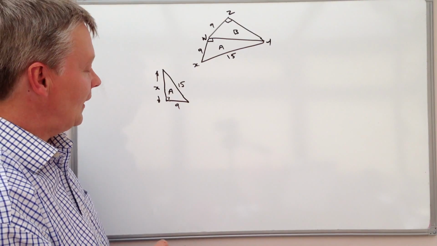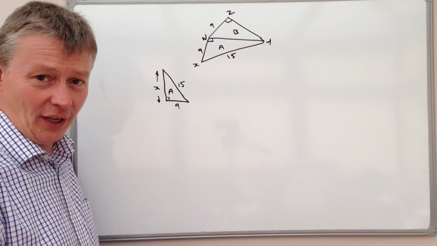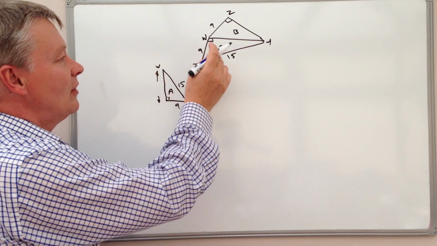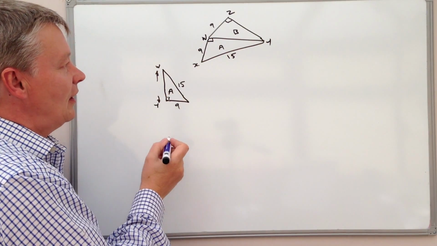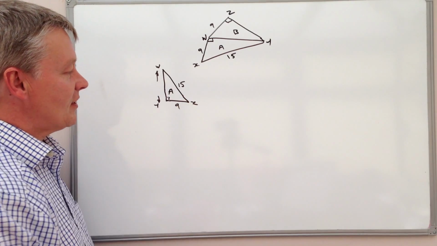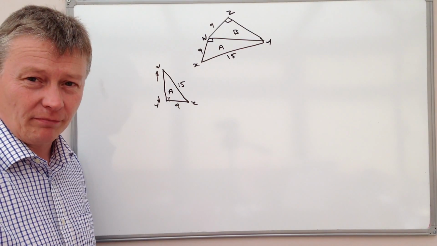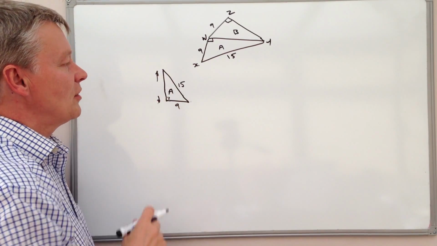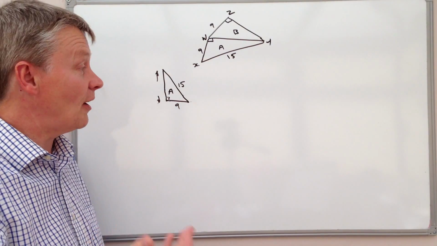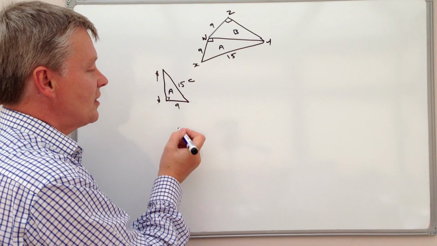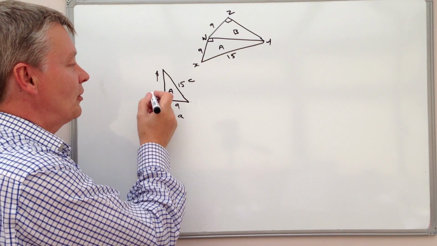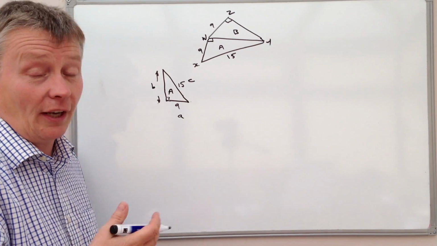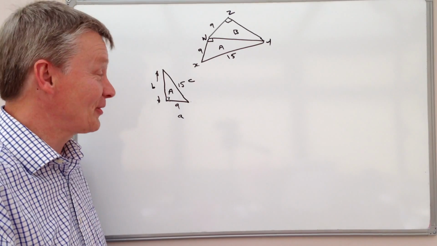This dimension is actually W and Y, and this point here is X. I'm not going to worry about those too much. I'm going to get rid of those and just use my normal Pythagoras designation. I'm going to call that C, that A, and that B, because I want to use Pythagoras, and that would be the way to answer the question.